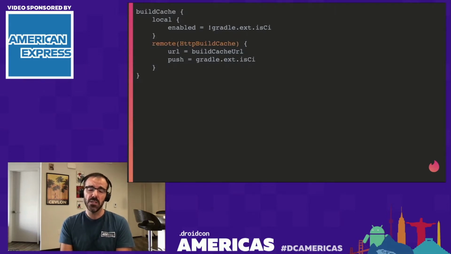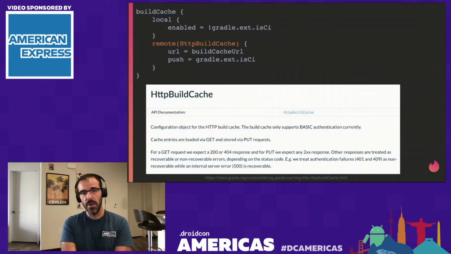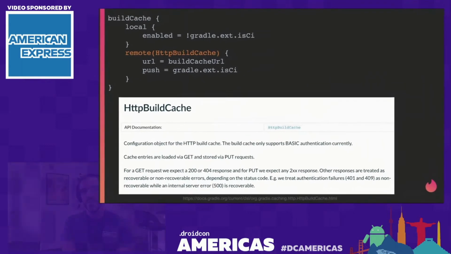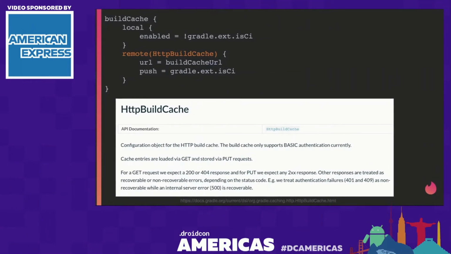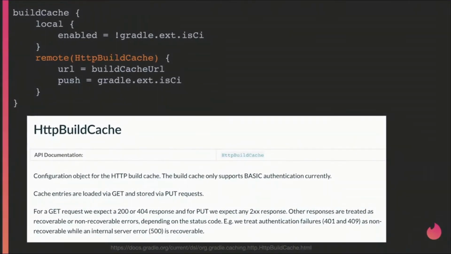The build cache configuration from the Gradle API is going to add this specific closure to update the configuration. This HTTP build cache is a common object from the Gradle API that allows us to define where we want to push, the URL, and some kind of authentication too.